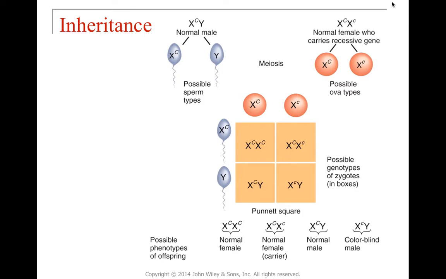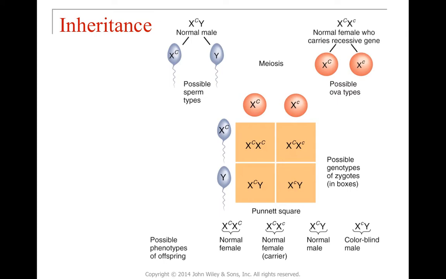A female who has one copy of the normal color vision allele and one copy of the abnormal allele would actually be able to see color just fine, because the normal copy would compensate and the other one would be preferentially shut off in all of the cells in her body, or at least in the cells that were needed for processing color vision. However, males, over here, if you were to receive one bad copy of the gene, you would end up colorblind.